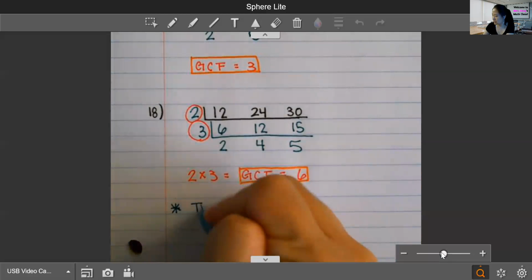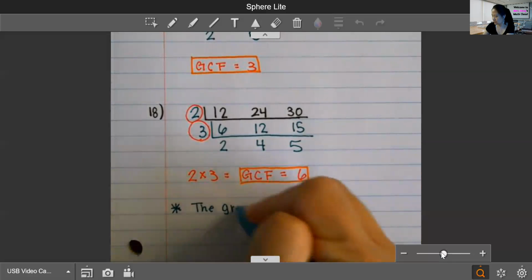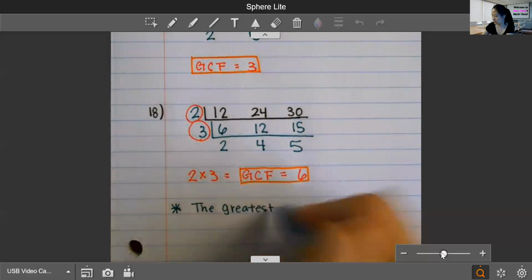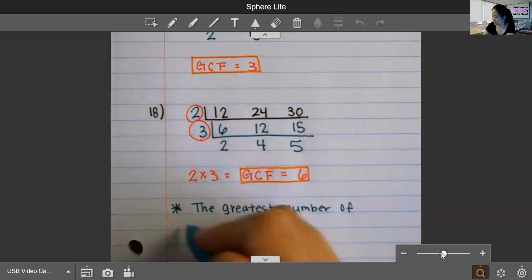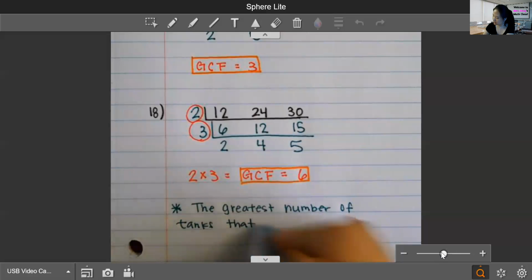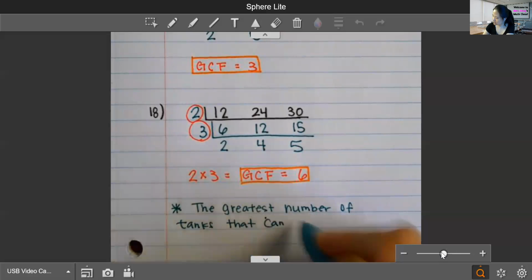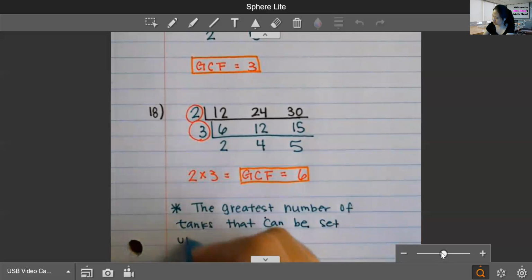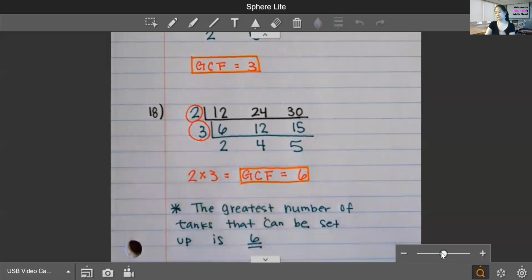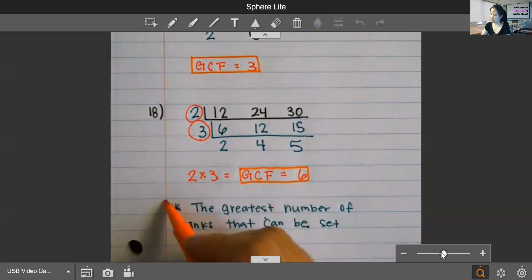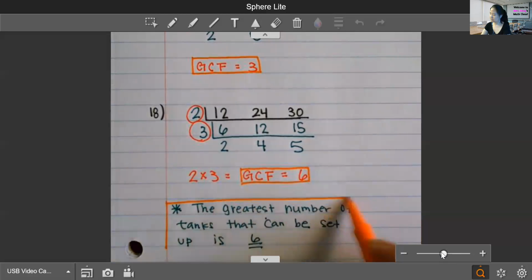So the greatest number of tanks that can be set up is 6. And I want to circle the whole thing.